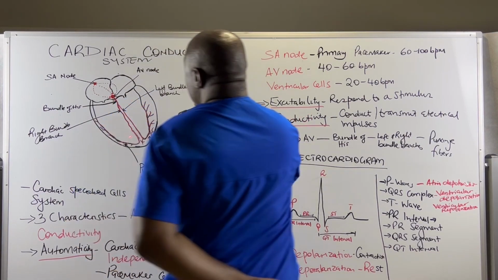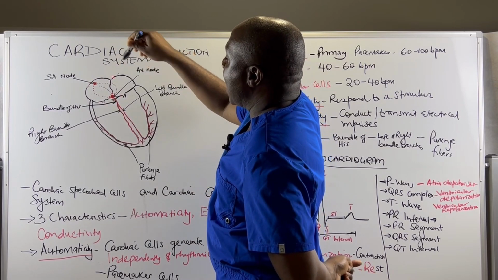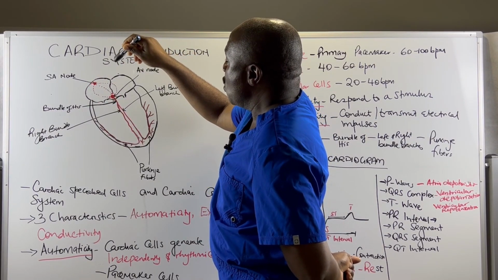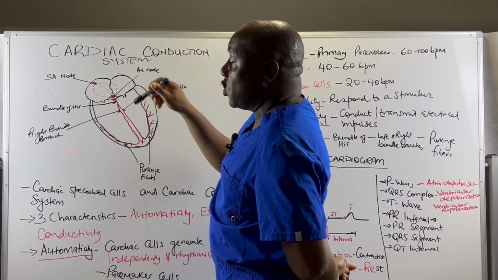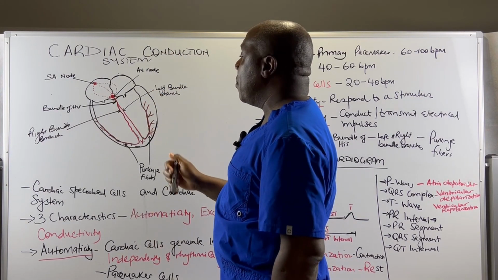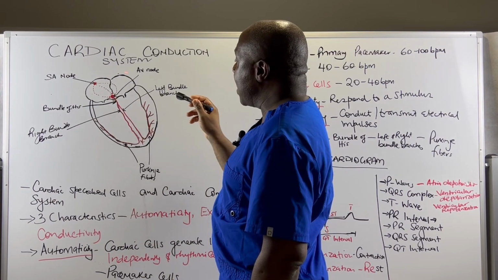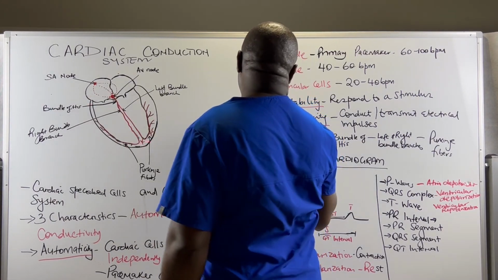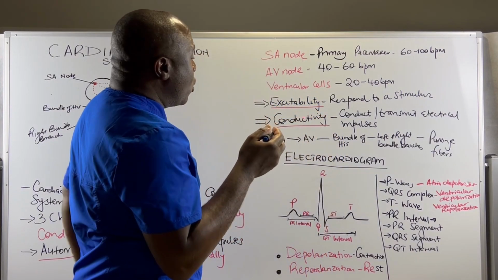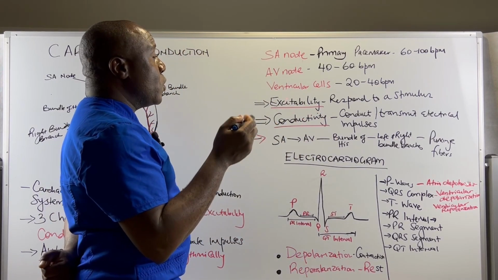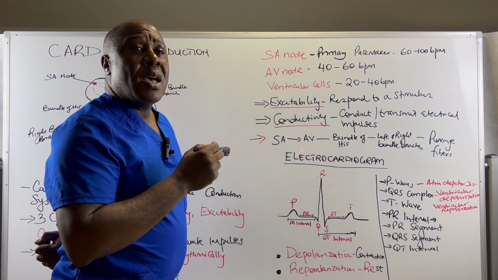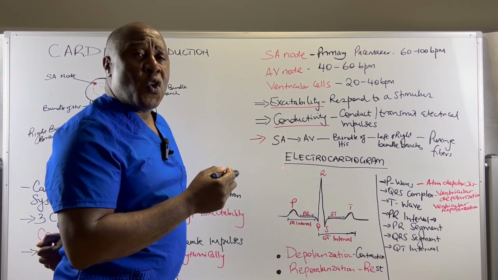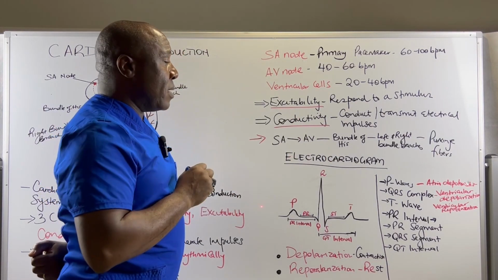That's why these electrical impulses are able to travel from the pacemaker cells to the rest of the heart, so that the heart can pump blood throughout the system. So we say the cardiac cells have a characteristic of conductivity. Those three characteristics, automaticity, excitability, and conductivity, enable the heart to perform its function of pumping blood throughout the body.